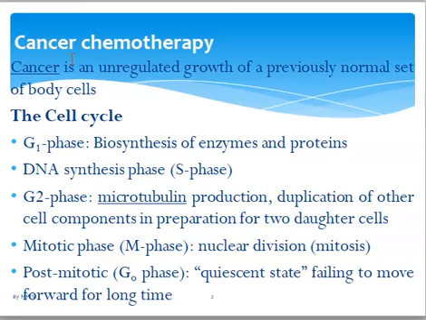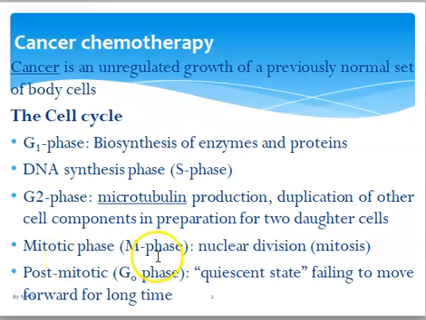Let us briefly explain the cell cycle, because most of our pharmacological drugs will be acting at a specific phase of the cell cycle. We have the G1 phase, where we have the synthesis of enzymes and proteins. The S phase, where we have DNA synthesis. The G2 phase, where we have microtubule production or duplication of other cell components in preparation for the two daughter cells.